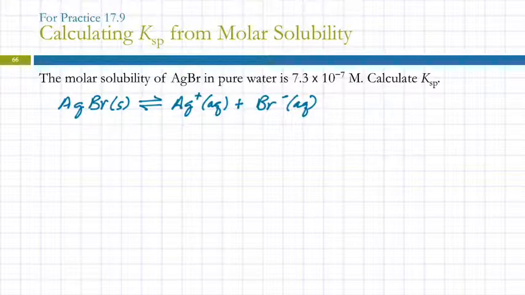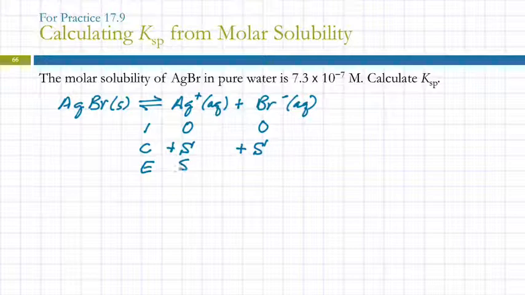So I'm still going to look at this ice table where I'm starting with 0 for both of those, and then there's 1 silver ion, so it's increasing by plus S. There's 1 bromide, so that's also plus S. So at equilibrium, we've got S and S.